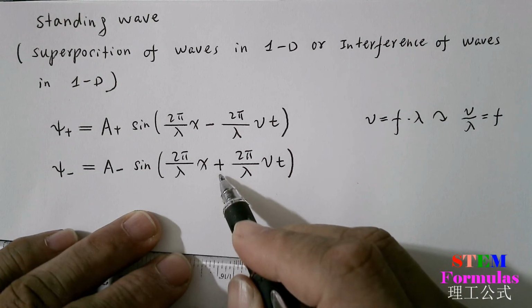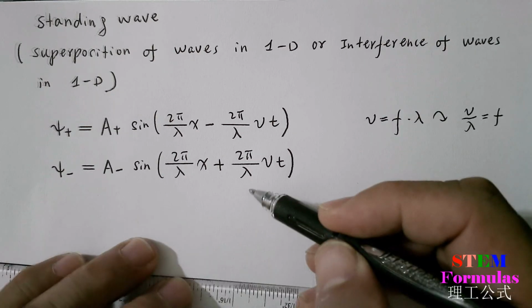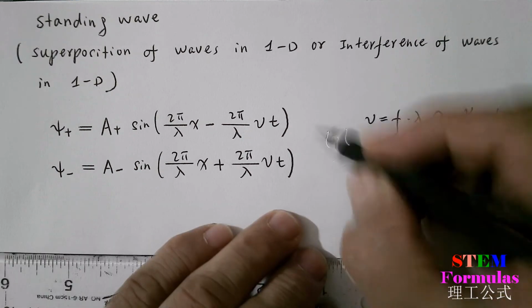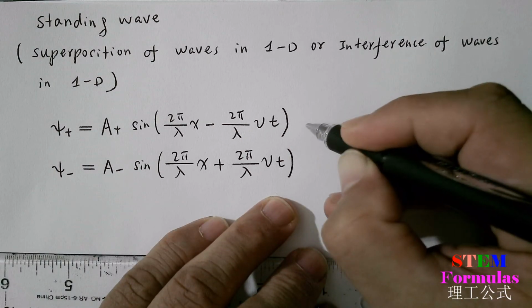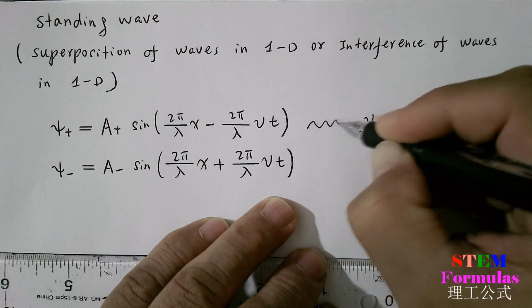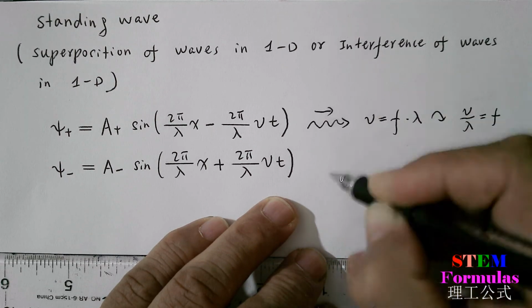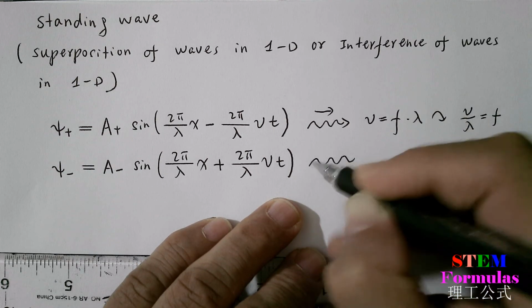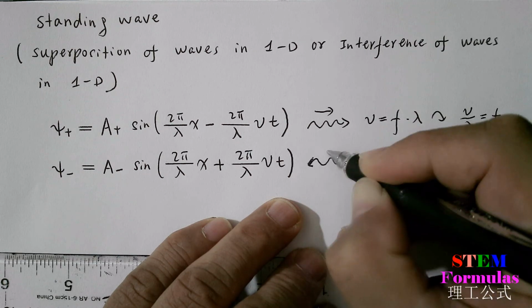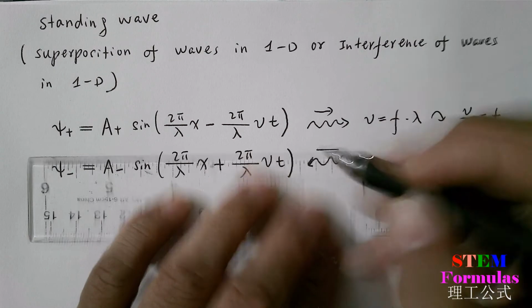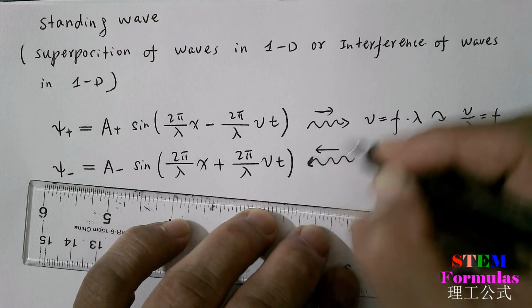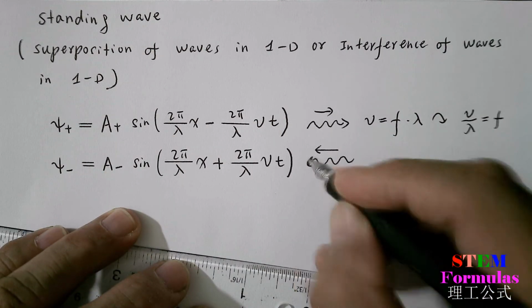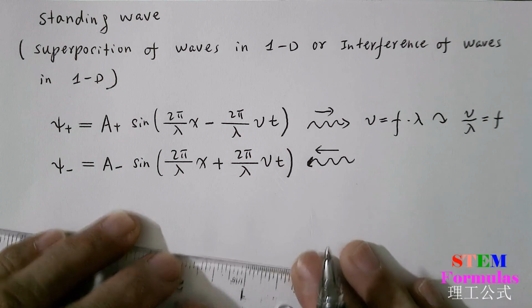Because here we have a plus sign, the wave represents a wave propagating in the negative x direction. So this represents the right direction and this the negative direction, because of this minus sign and this plus sign.